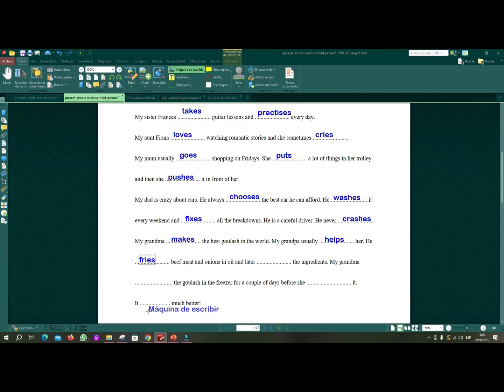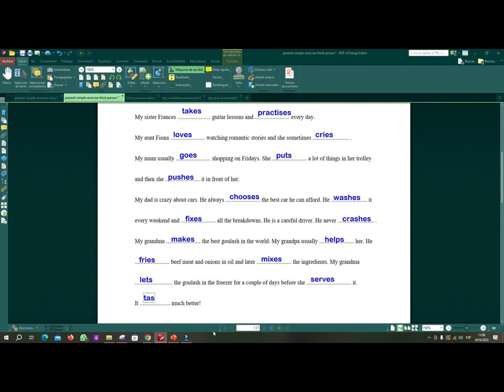Fries beef, meat, and onions in oil and later mixes the ingredients. My grandma, right, leaves the goulash in the freezer for a couple of days before she serves it.